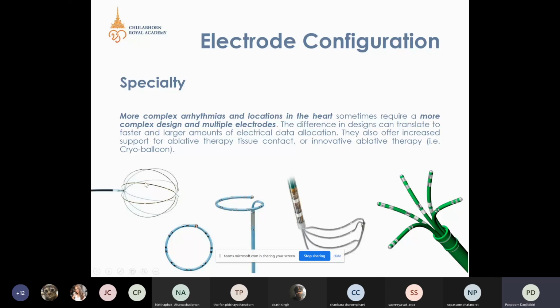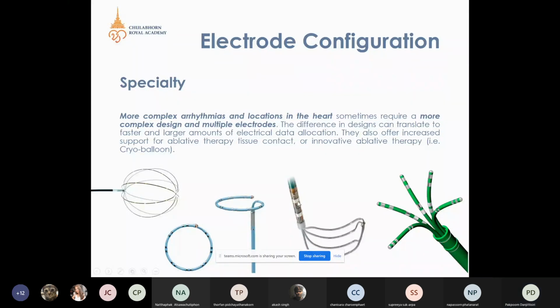All right, and the second one is the lasso catheter. The lasso catheter is often used in AF or atrial fibrillation ablation cases, to map out the interesting signal around the ostium of the pulmonary vein. Okay. The third one is the HD Grid.